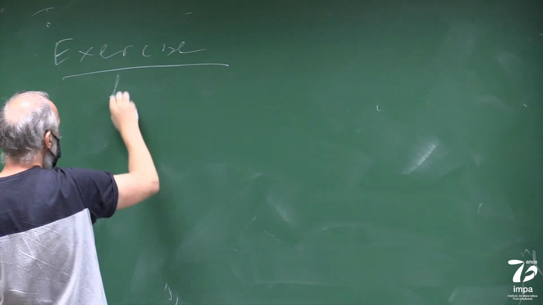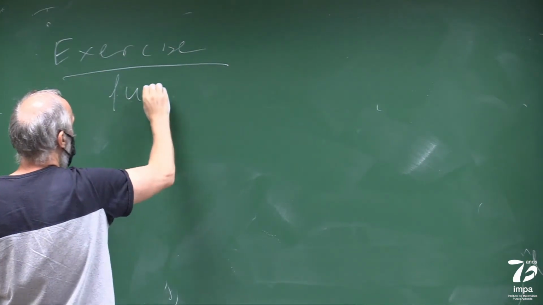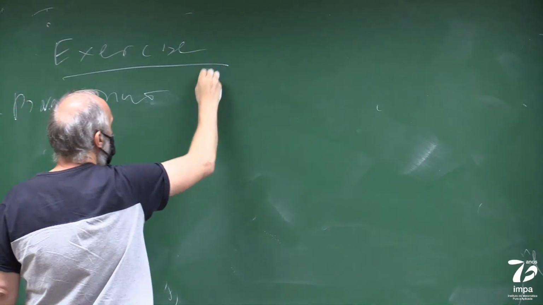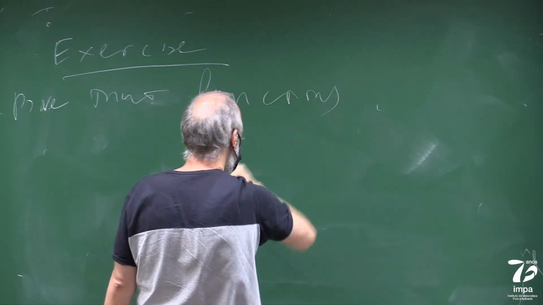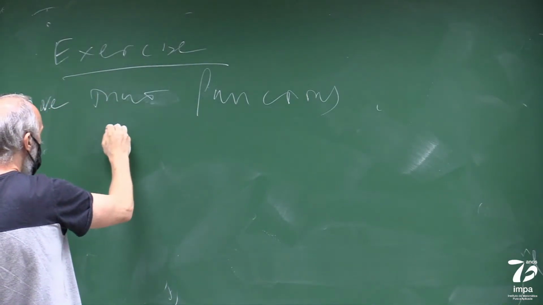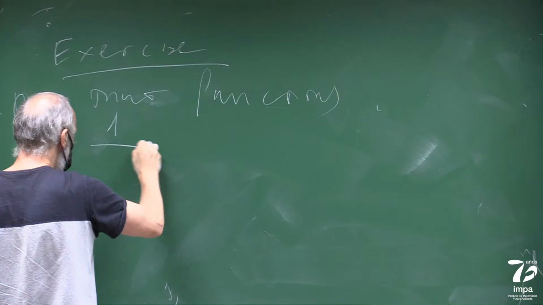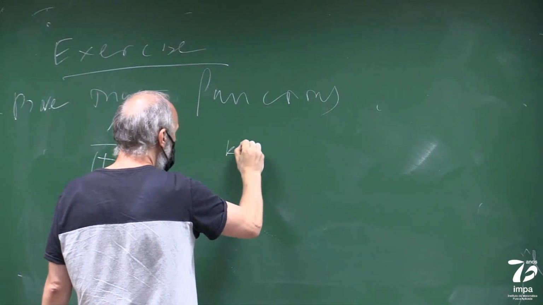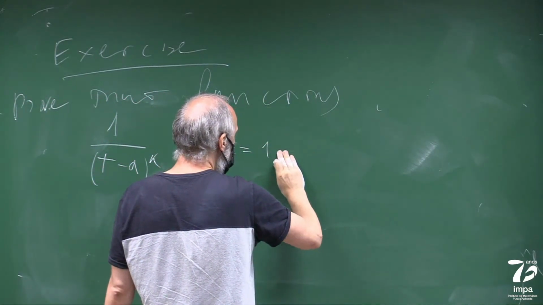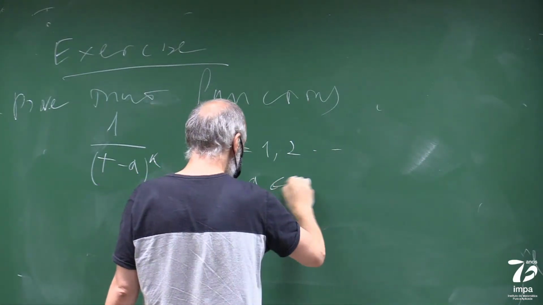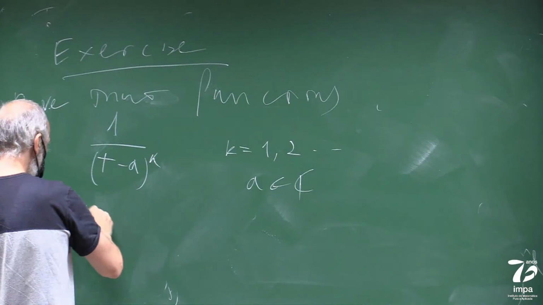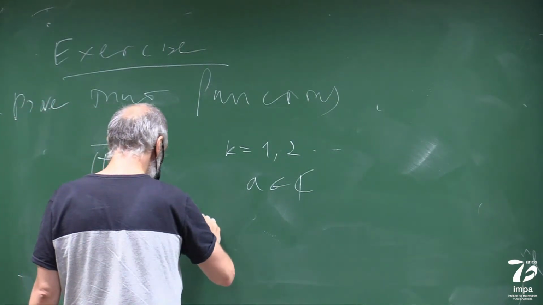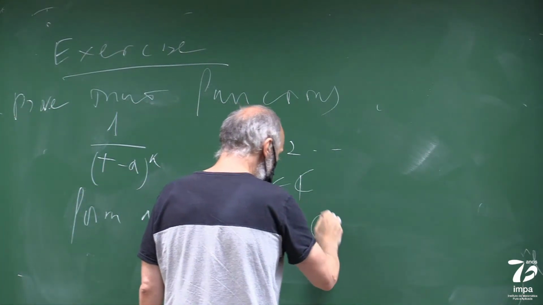Prove that the functions 1 over (t minus a) to the power k, for each k equal to 1, 2 and so on, and a belonging to C, form a basis in the rational functions.